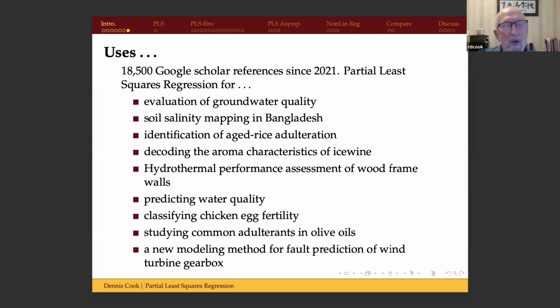I looked through some of the papers, and they're doing partial least squares for evaluation of groundwater quality, predicting water quality, classifying chicken egg fertility, and a new modeling method for fault prediction of wind turbine gearboxes. It's all over the place, and that's the only point of this.